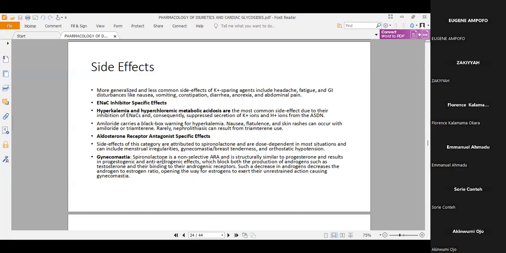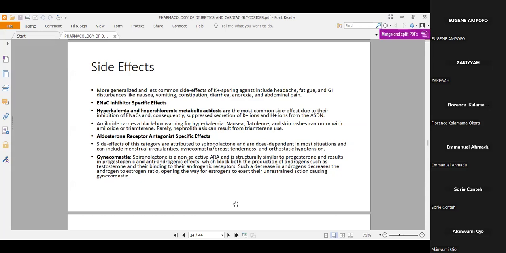like gynecomastia. This is because of the non-selective antagonism. It has a structural similarity to progesterone. And because of this, it results in progestogenic and anti-androgenic effects, which block both the production of androgens and the binding of androgen to the receptors.